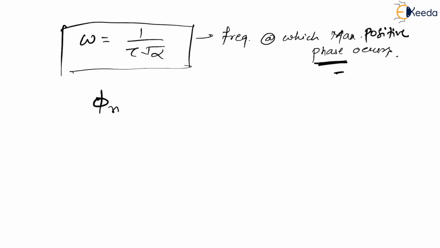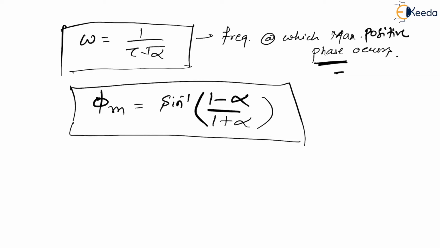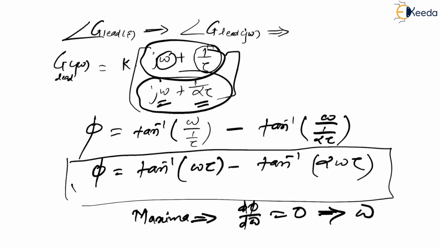And what about the value of that phase? That value is given by phi m, which is equal to sine inverse of 1 minus alpha upon 1 plus alpha. See, what happens is when you do this differentiation equal to 0, you get some value of omega at which maximum positive phase occurs.